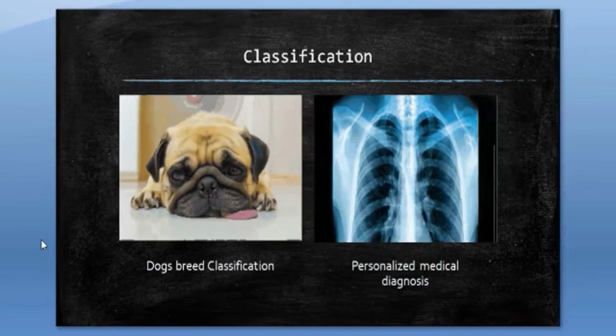Classification is one of the machine learning applications, and actually it is the most important one, as classification allows me to classify between things. For example, dog breed classification via machine learning.